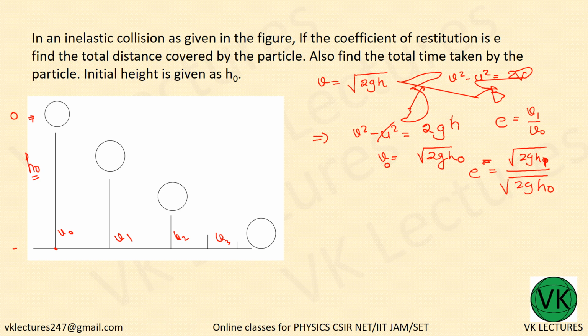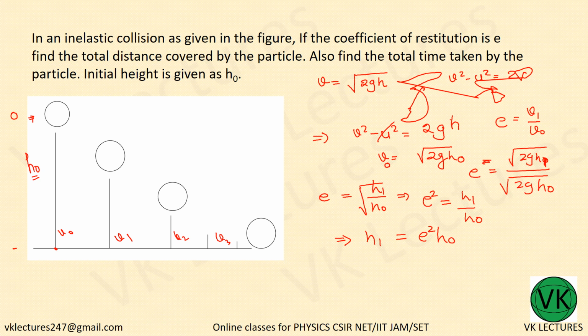Now root 2g and root 2g get cancelled, so under root h1 divided by h naught is equal to e, so e square is h1 divided by h naught. Now from here I will get h1 equal to e square h naught.